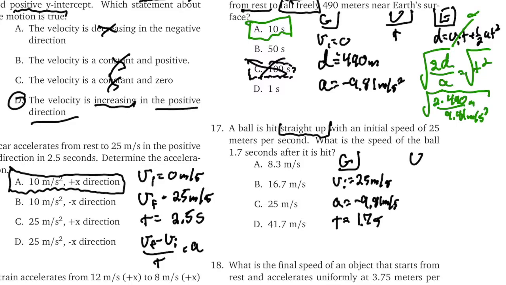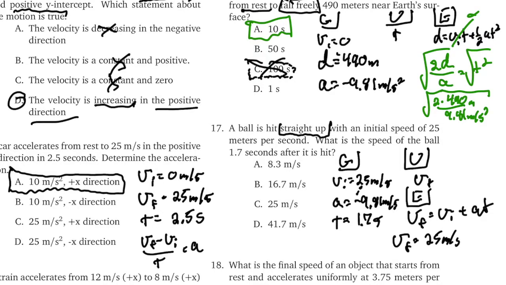And our unknown is the final speed, V final. Our equation is that V final equals V initial plus AT. And what threw off a lot of people is forgetting about the minus sign. So I have to say V final equals 25 meters per second plus negative 9.81 times 1.7. These three answers come in pairs.